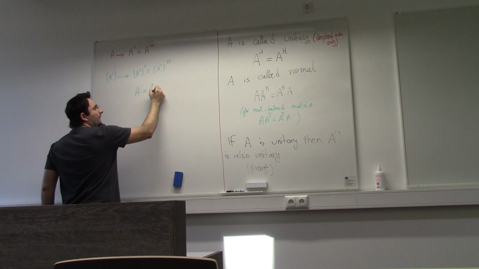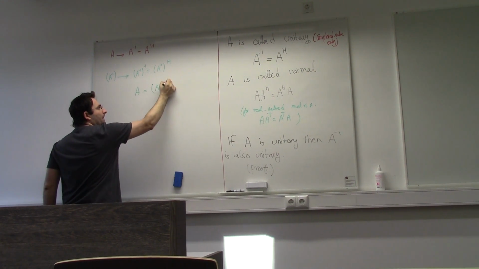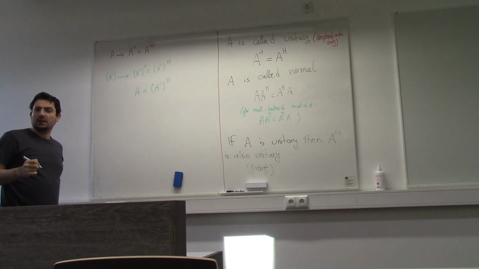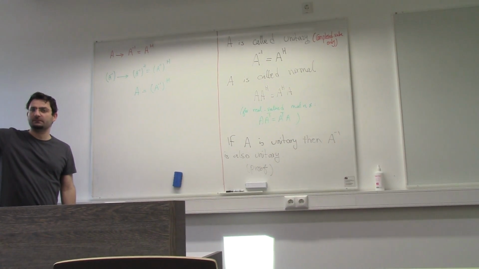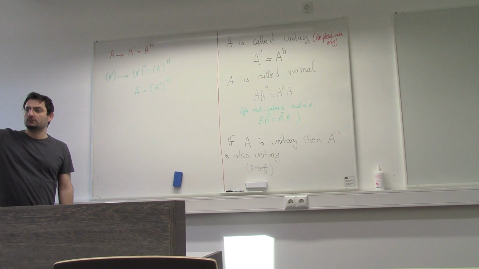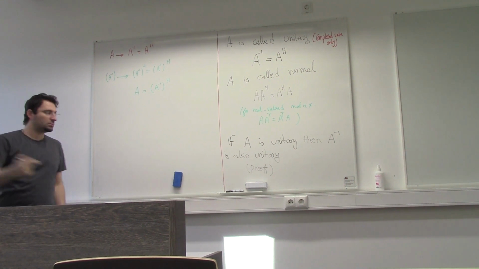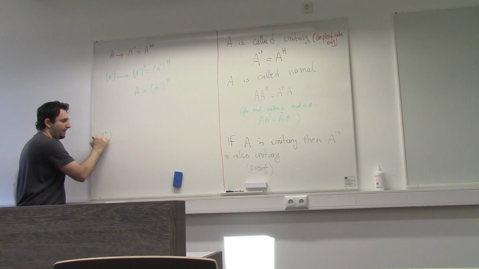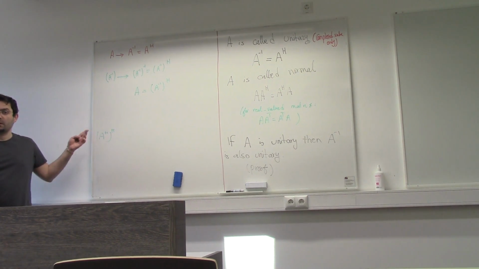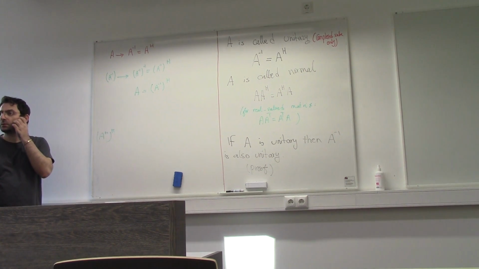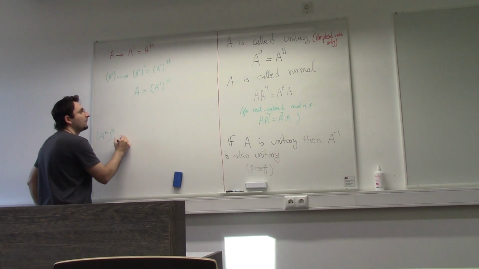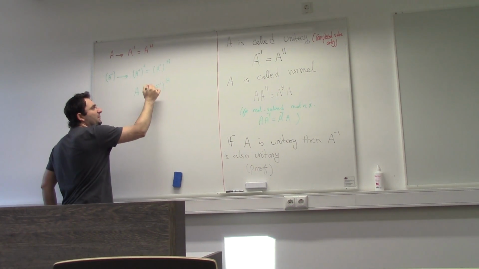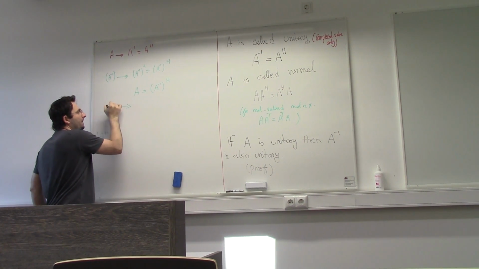And here I have the same thing. I take the Hermitian of both sides. What is the Hermitian of the Hermitian? A. Same. So here I take the Hermitian of both sides.